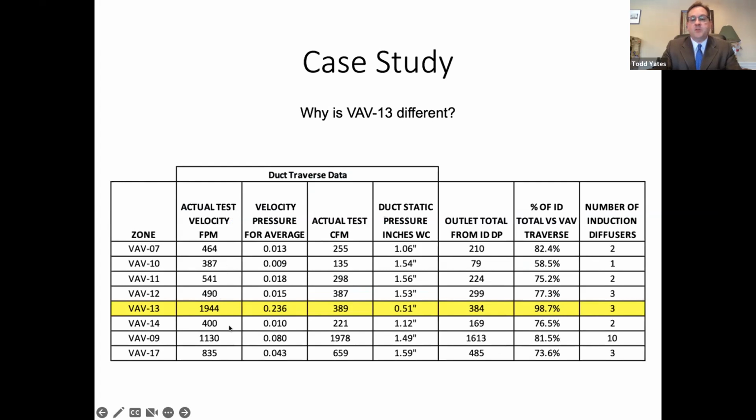We had the one at almost 2000 that was very accurate. And then we had the one that was at 1130. You would have expected maybe a little more accuracy from that one if that was the issue, but it was a little better, but didn't really prove the case to us entirely.